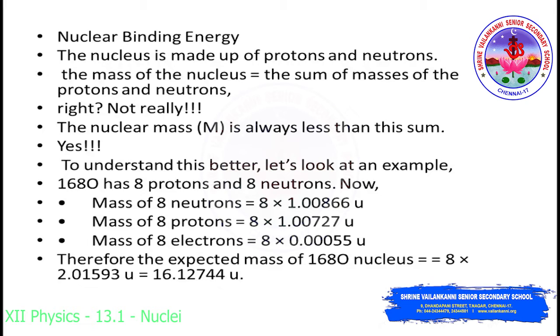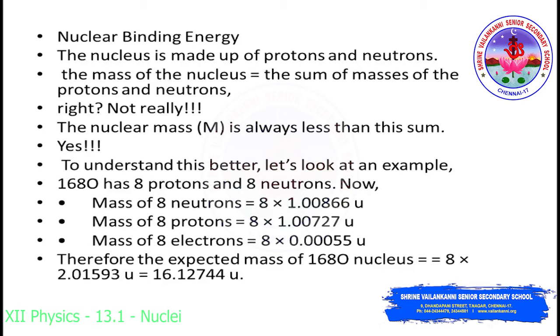See, oxygen-16 has 8 protons and 8 neutrons. Now the mass of 8 neutrons is equal to 8 into 1.00866 U. The protons, the same, 8 into 1.00727 AMU. For the electrons, 8 into 0.00055 U. Therefore the expected mass comes to 8 into 2.015, which is about 16.